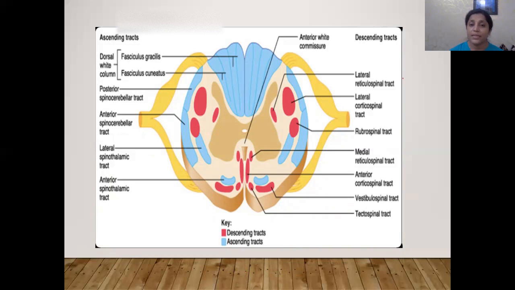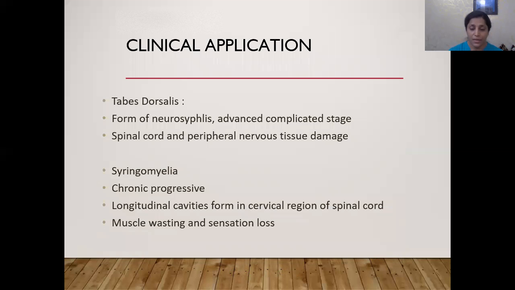And we can very well understand that while studying the diseases of the brain or the spinal cord, we know that no lesion or disease would be restricted to any particular tract. It would rather be involving more than one. And the symptom picture will depend on which part is involved to what extent.